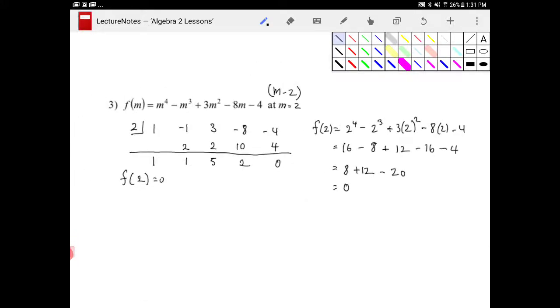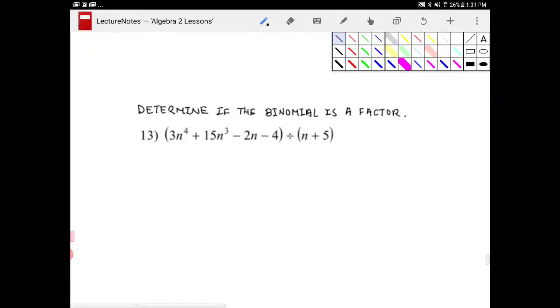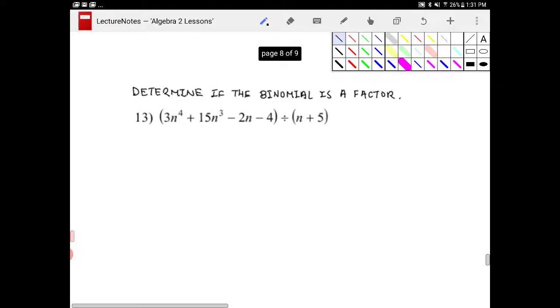Again, you be the judge. I don't know. Sometimes synthetic substitution can be really fast. Sometimes, depending on the situation, directly substituting values into the function can be just as fast too. All right. Determine if the binomial is a factor. So if this is indeed a factor, then what will happen is I will end up with a remainder that is 0.